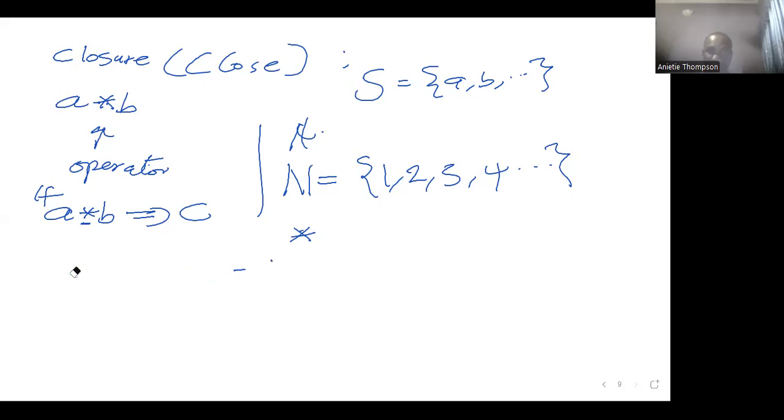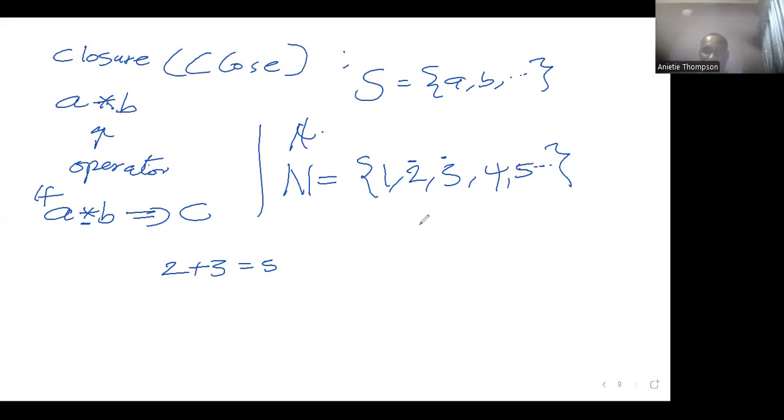Let me try addition of these elements. Let's say I collect 2 elements from this set, 2 and 3, and I add them, 2 plus 3 gives me 5. And if you check, by counting forward, after 4 is 5, and so on.